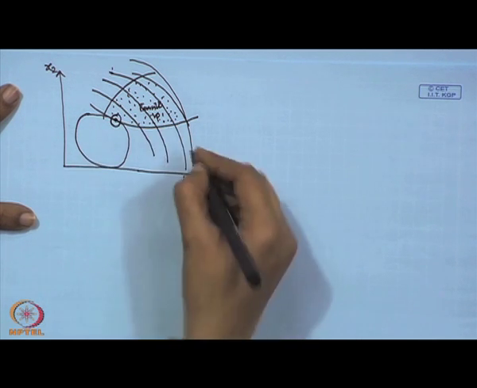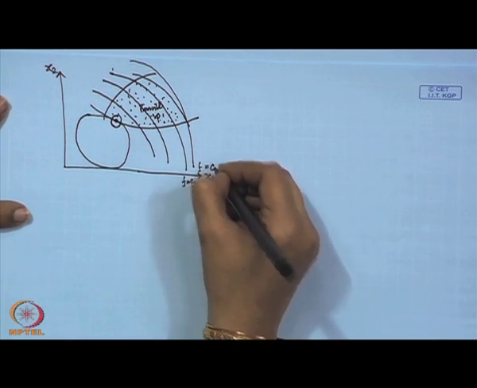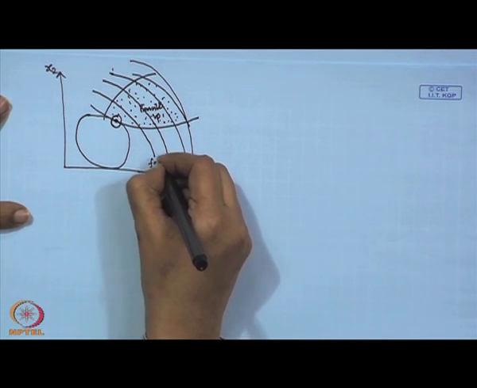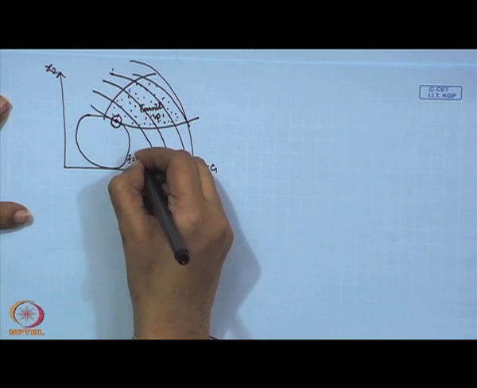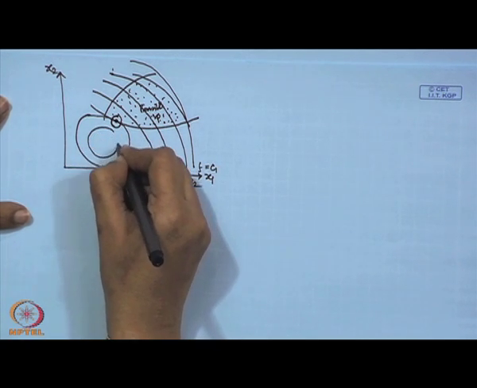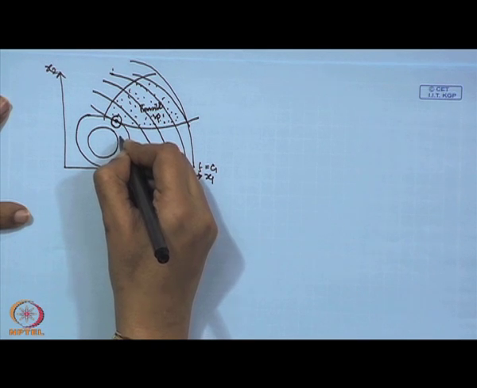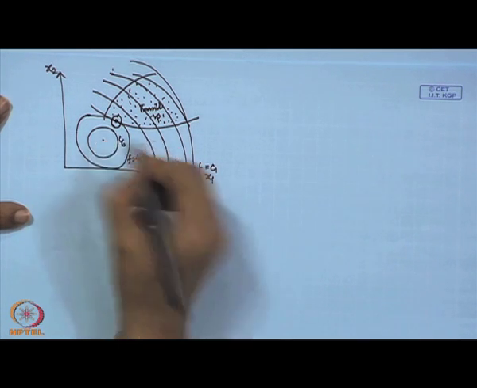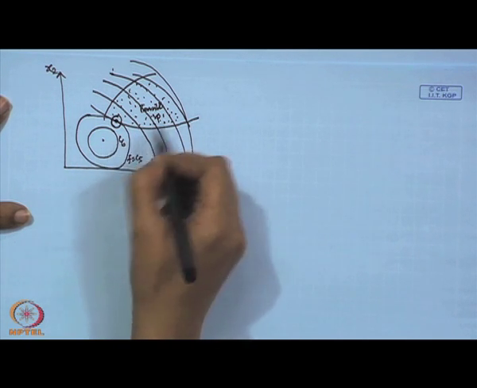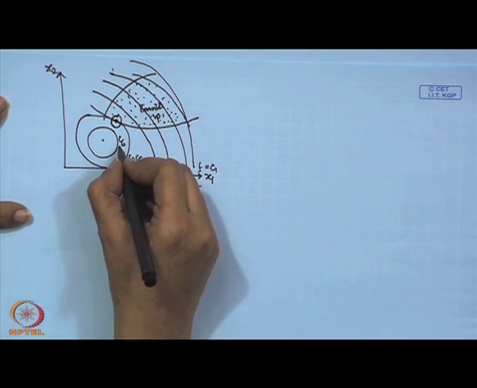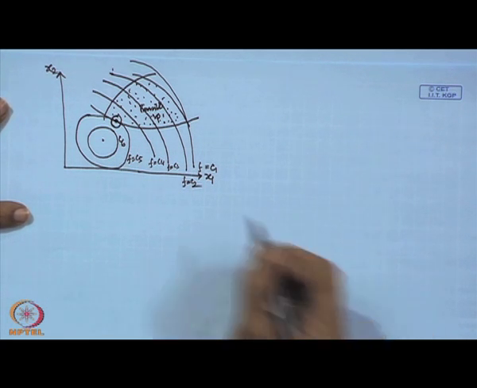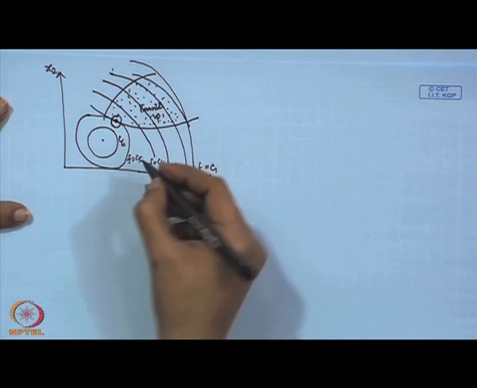Here the functional value is C1, this is C2, C3, C4, C5, and if the function moves further, the functional value is C6, which is out of the feasible space. That is why we need to stop our iterative process.